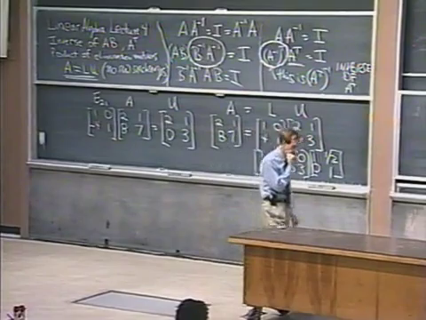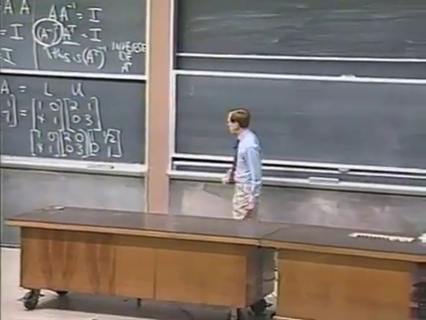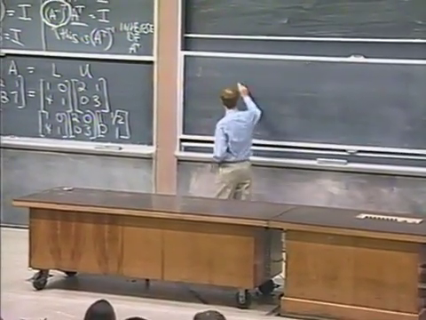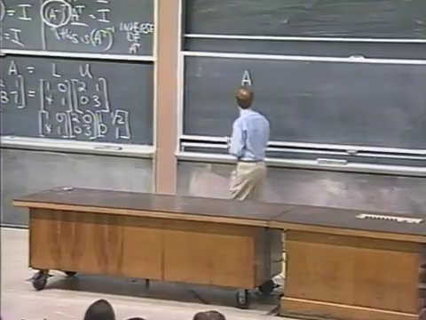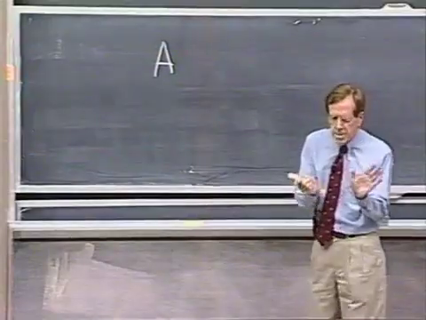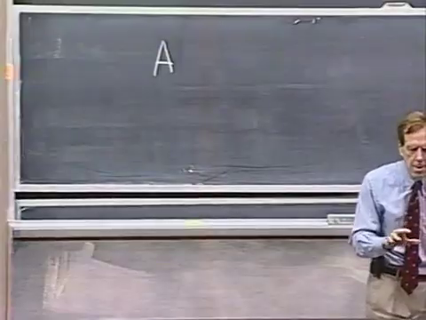Let me show you how that works. Let me move up to a 3 by 3. Let's say some matrix A. Let's imagine it's 3 by 3. I won't write numbers down for now.